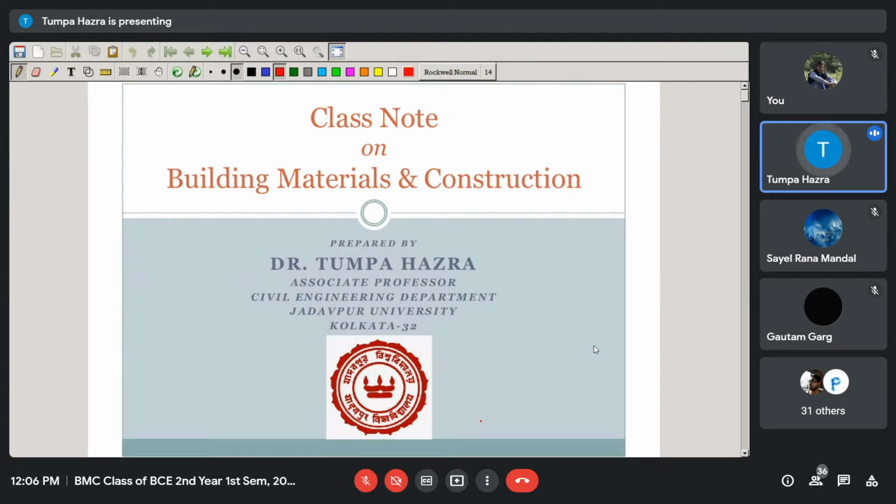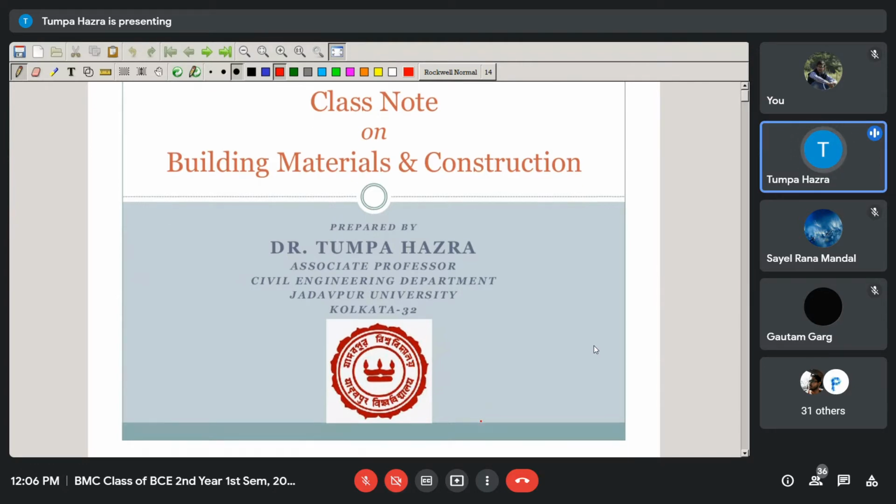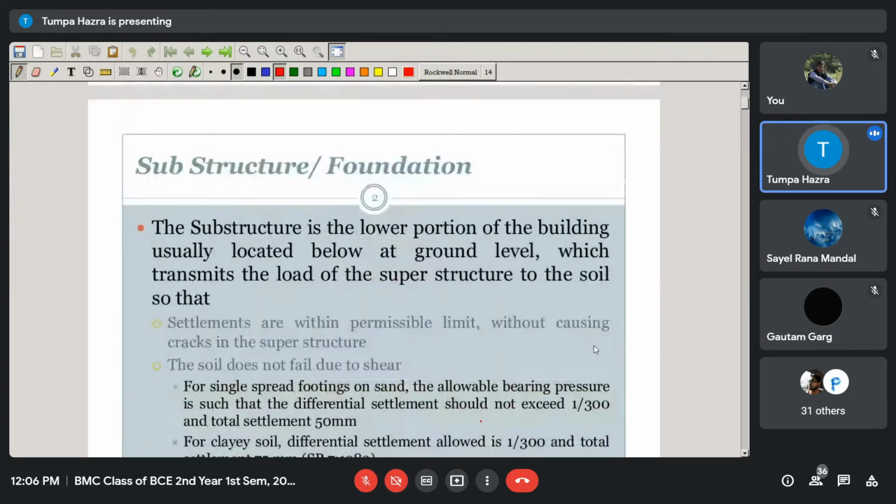And then what is the substructure or foundation then?